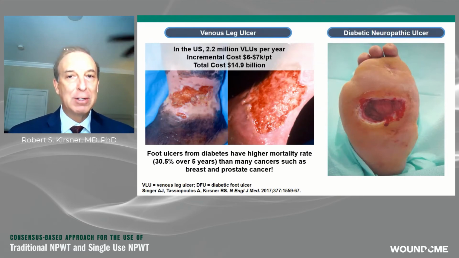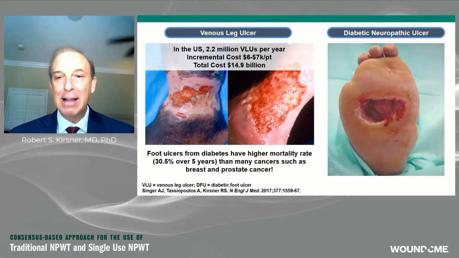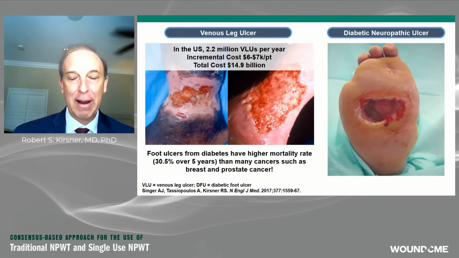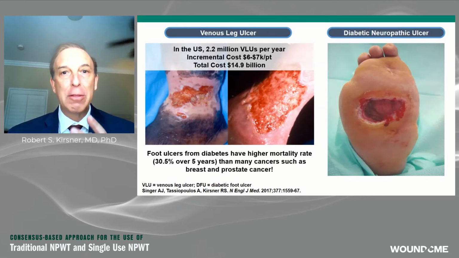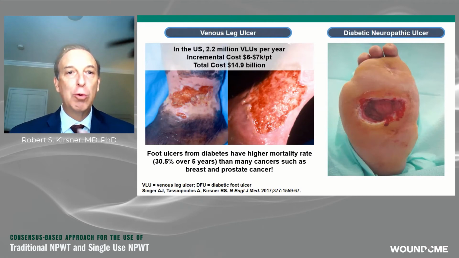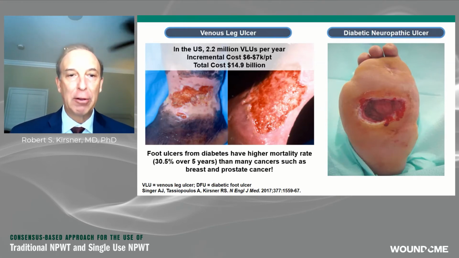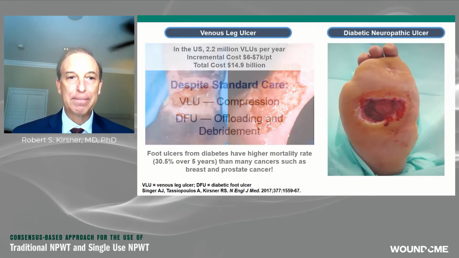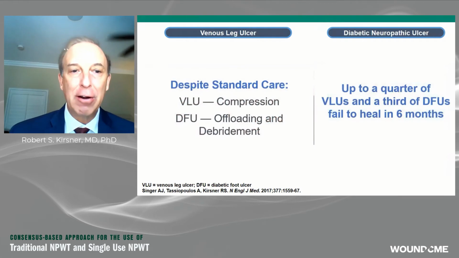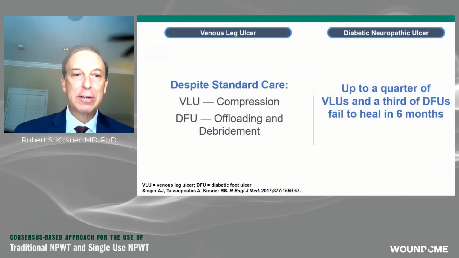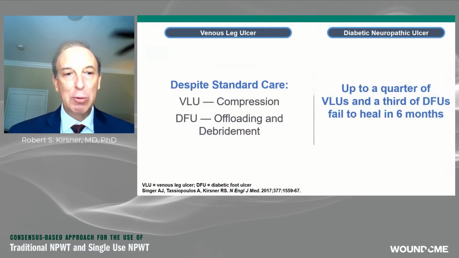So we're talking about common, costly, and highly morbid and mortal diseases that we're seeing in the wound clinic every day. So providing the best possible care for these wounds is going to be critical to improving the lives of our patients and helping the healthcare system at the same time. Now, the standard of care for venous leg ulcers and diabetic foot ulcers has been well defined.